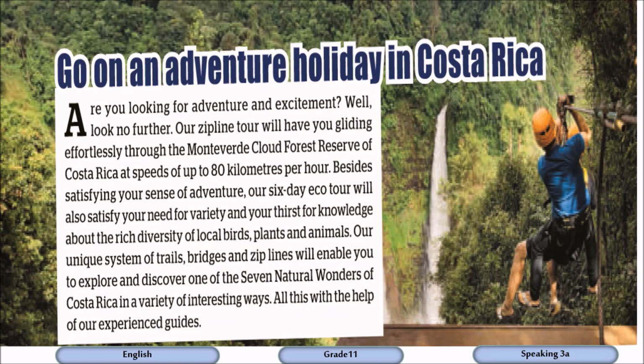So this is the first one, which is going on adventure holiday in Costa Rica. And I hope that you have already read or skimmed the text. So let's read this. Our unique system of trails, bridges, and zip lines will enable you to explore and discover one of the 7 natural wonders of Costa Rica in a variety of interesting ways.